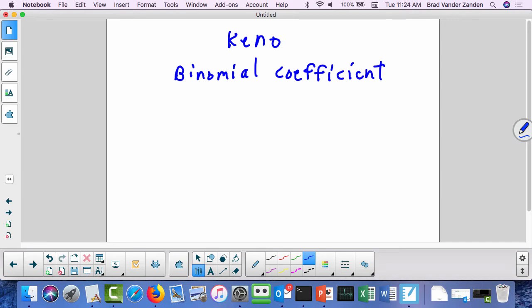If you haven't read the lab yet, Keno is essentially like the lottery. There's some number of balls. In Dr. Planck's example, there's 80 balls. And some number are picked, maybe 20 balls are picked. And you have to get some number of balls correct, C balls correct, which is called the catch.